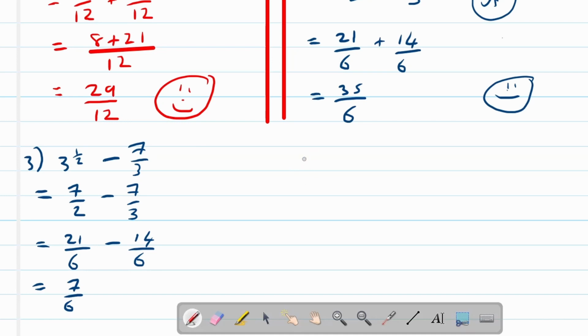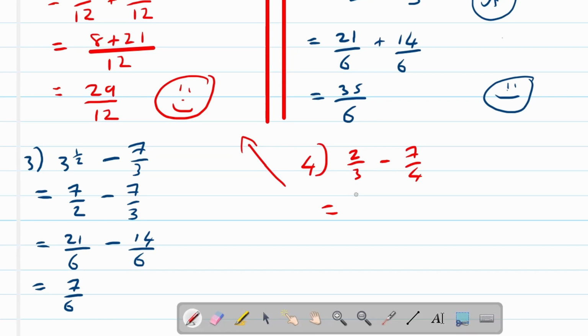Let's do one more at number 4. I'm going to say 2 over 3 minus 7 over 4. Again, just like with example 1, we are going to work towards a lowest common denominator.